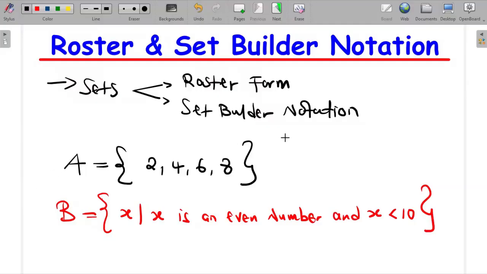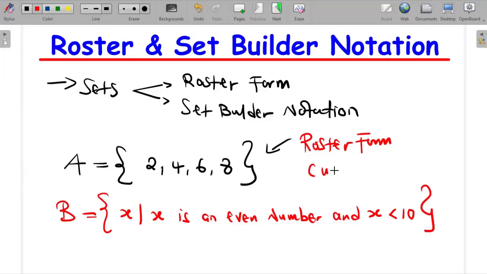Okay, so now the first one here is what we call the roster form. In the roster form of representing a set, you are simply listing all the elements that are going to belong to that particular set inside what we call curly brackets.